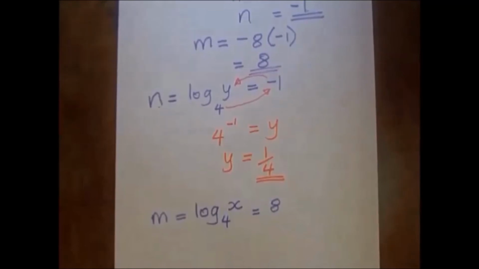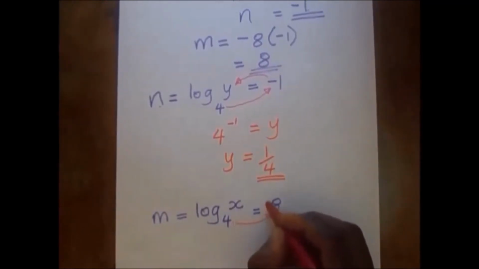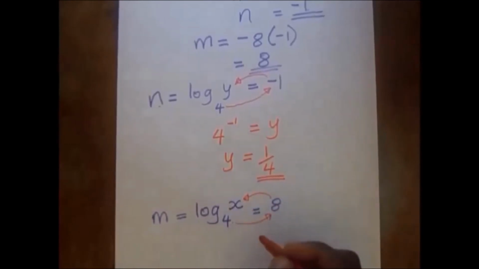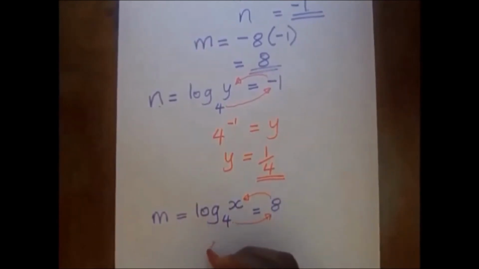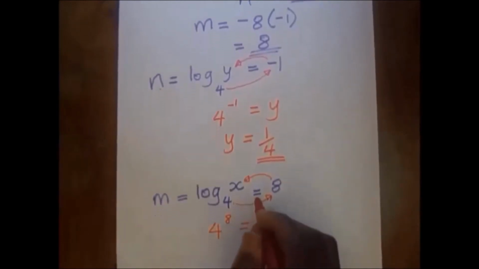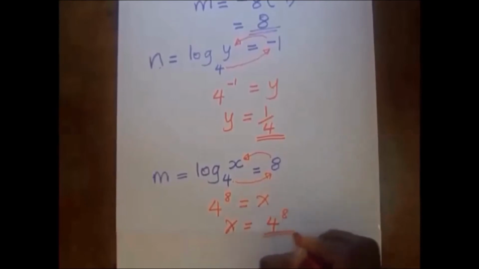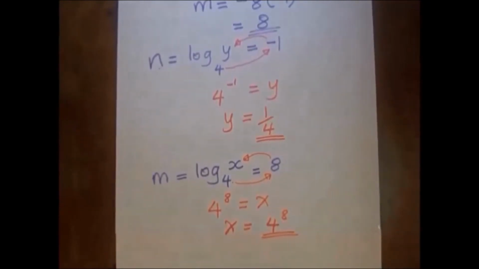Still, we are going to convert that log into an index. So it's going to become 4 to the power 8 is equal to x. Just like the way we were doing in our previous videos when we were exploring the law of indices. And I think that's the answer. X is going to be equal to 4 to the power 8. So our value of x is 4 to the power 8, and our value of y is a quarter.